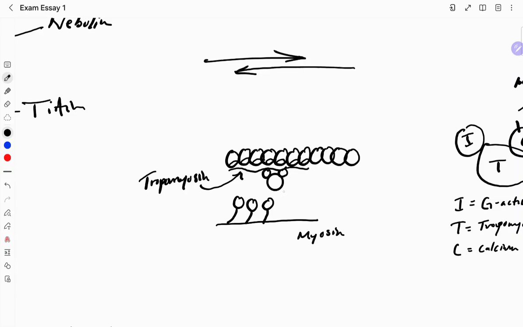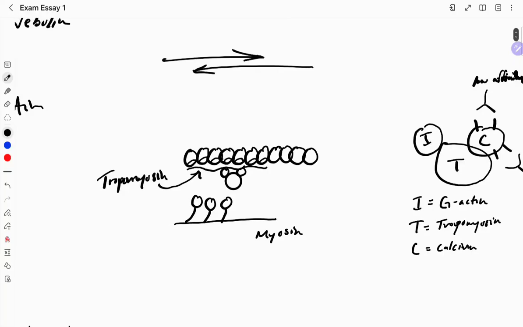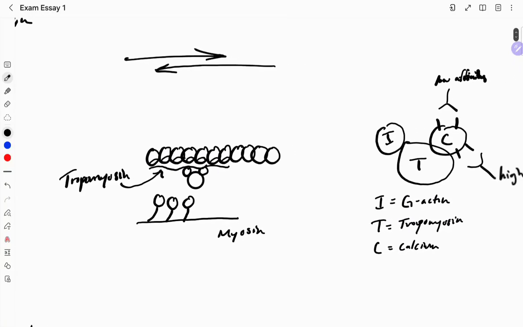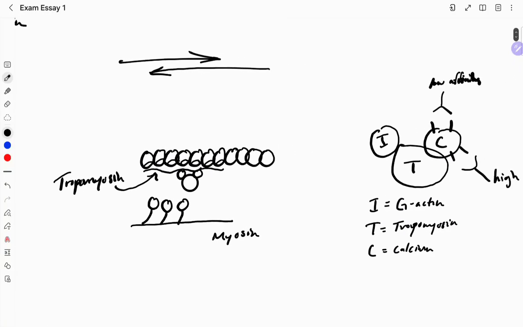So when we have high amounts of calcium, we already have calcium that's bound to these high affinity sites, right here and right here. And now when we have high amounts of calcium, we also have calcium bound to these low affinity sites.